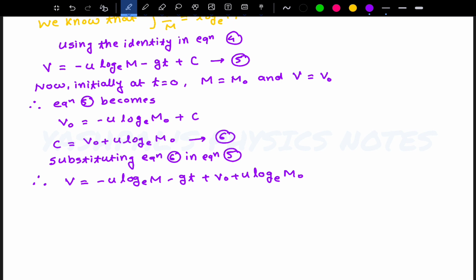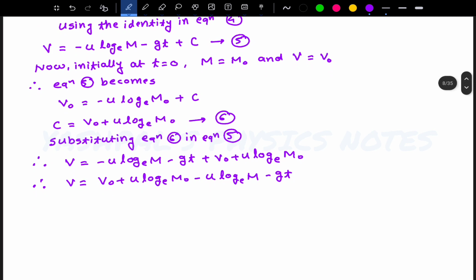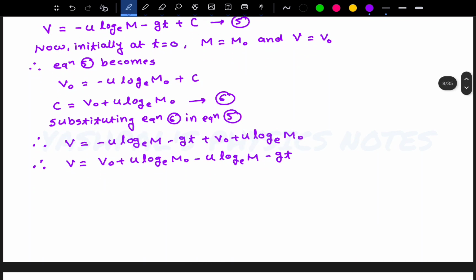So now I am going to rearrange the terms and write this as v is equals to v naught plus u log to the base e m naught minus u log to the base e m, and the remaining term minus gt. Here I have done just some rearrangement, so we can simplify the equation.